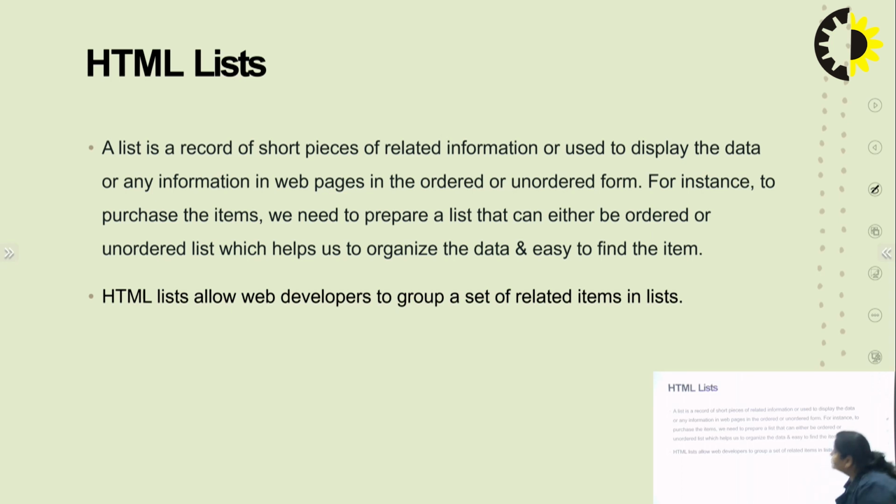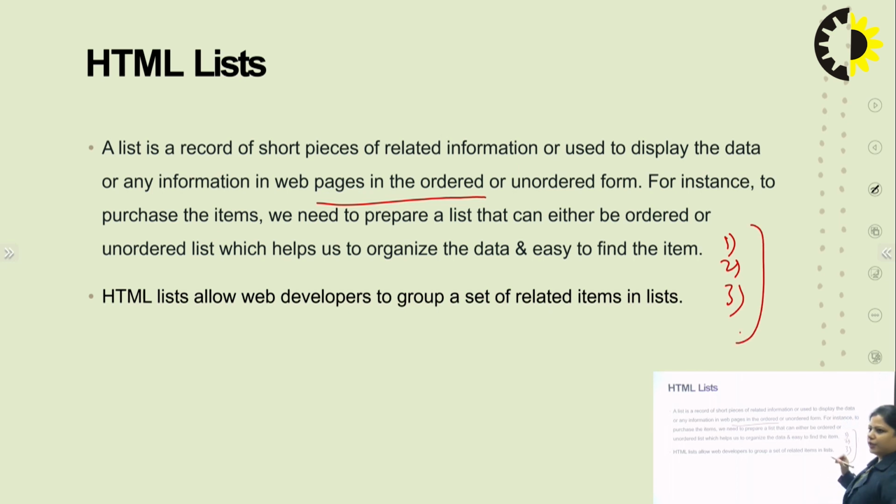Next is the HTML list. What is an HTML list and what is its use? It is basically a list of records of short pieces of related information, used to display data or any information in web pages in ordered and unordered form. Ordered form is like 1, 2, 3.